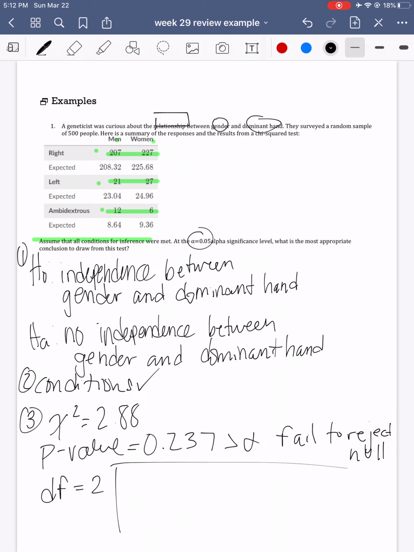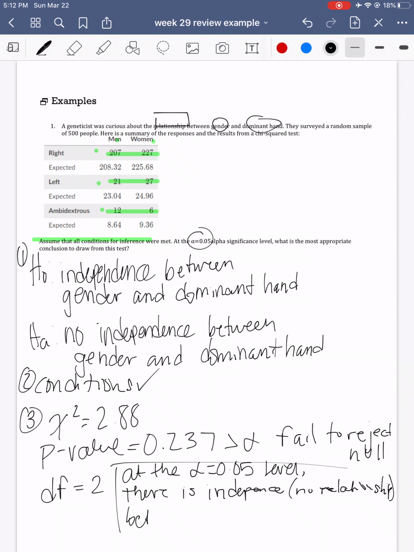Because our question is asking about the conclusion, we say that at the alpha equals 0.05 level, there is independence, or no relationship, between gender and dominant hand. So that is our final conclusion.